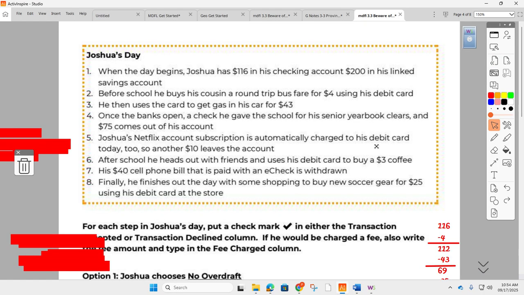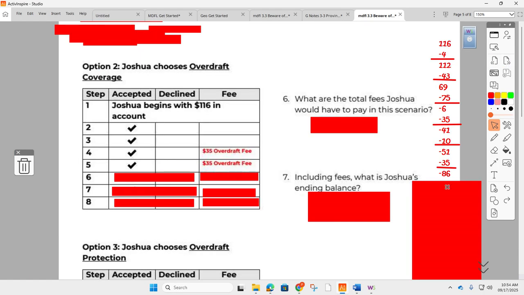This is his auto pay for his Netflix account of $10. Once again, they said they pay all transactions, right? So this whole column will be accepted. He's paid 2 overdraft fees already. Let's go ahead and take the $10 out. Is he going to pay another $35 fee? He is.